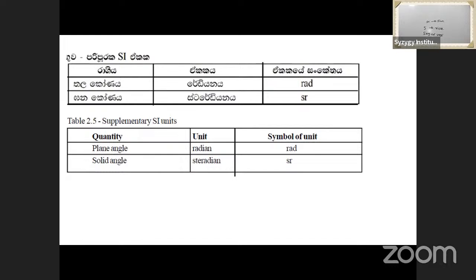And if we want to measure a 3D angle, assume the beam of this projector, can we use a 2D angle to measure this beam? No. To measure 3D angles or solid angles, we need to use the steradian. For plane angle we use radian, and for solid angle we use steradian.